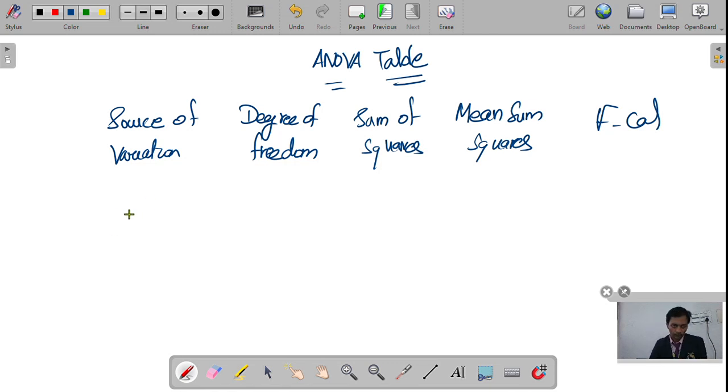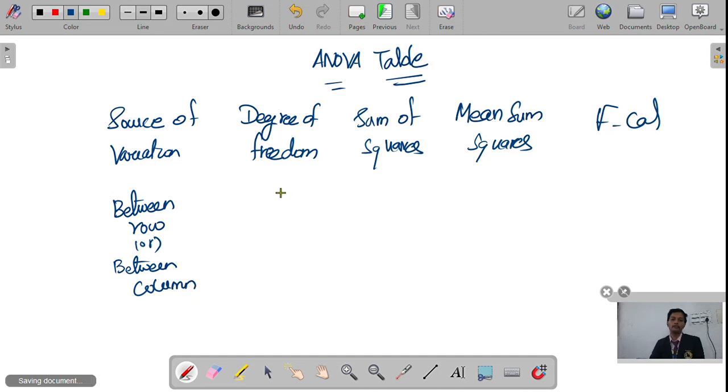For the first one, if you are considering row wise, you have to write between rows, or if column wise, between columns. For degree of freedom, you use r minus 1, or for column wise you use c minus 1.